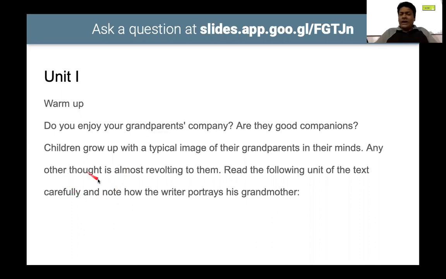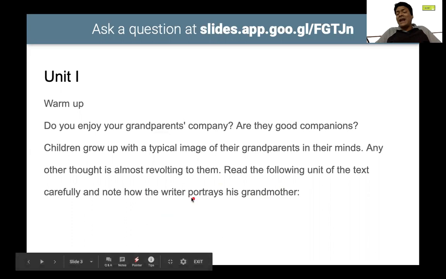Any other thought is almost revolting to them. So they have different notions about grandparents. We will read the following unit of the text and note how the writer portrays his grandmother.